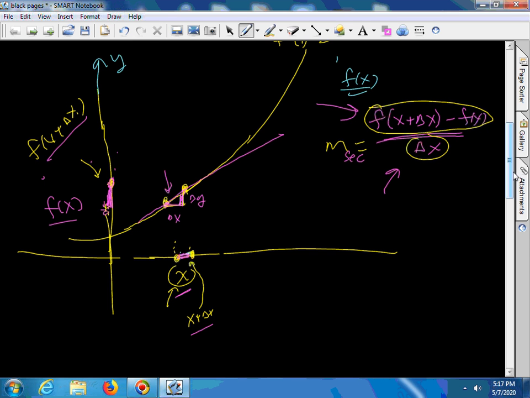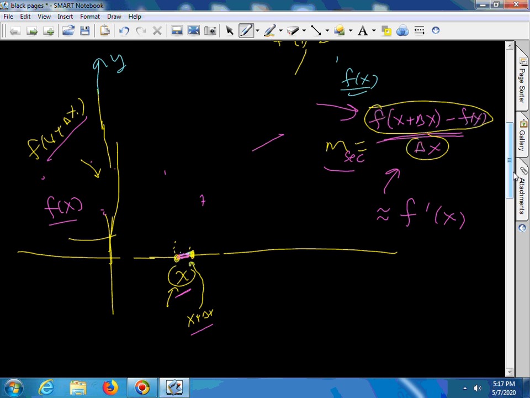Okay. Notice that the slope of the secant line is approximately what we call the slope of the tangent line at that point. Now, we're going to pick delta x to be extremely small.